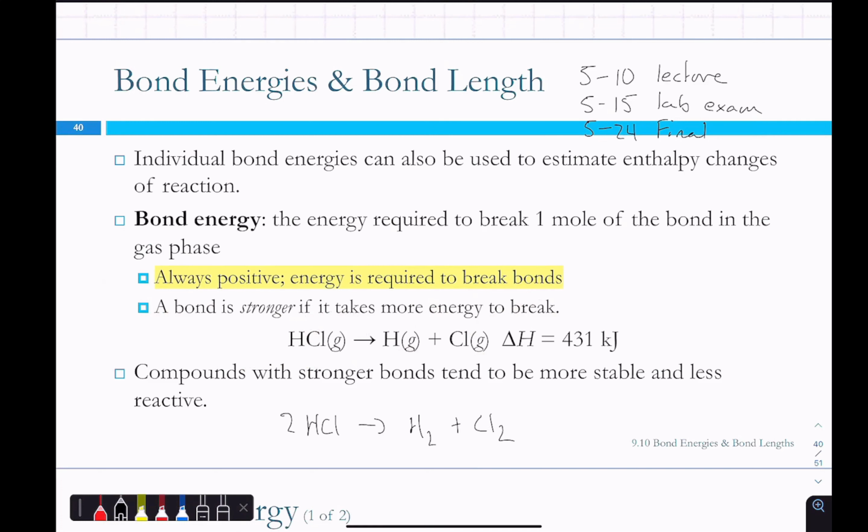There we're making the H-H bond and a Cl-Cl bond, and so we would get some energy out. The difference between a chemical reaction that's endothermic or exothermic is the relative amount of energy that you put in to break bonds and then get out for creating new bonds.